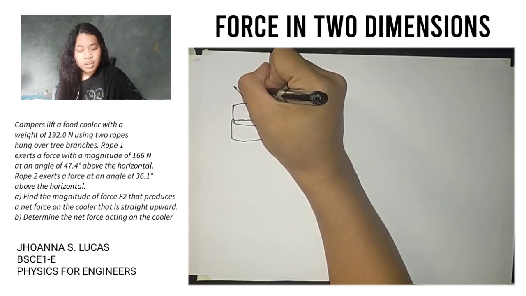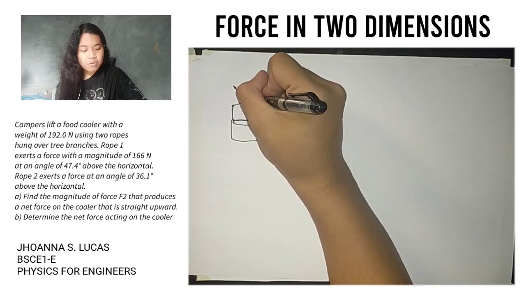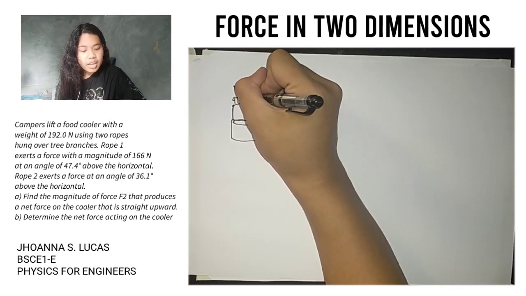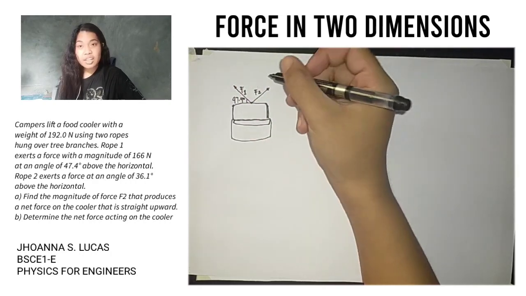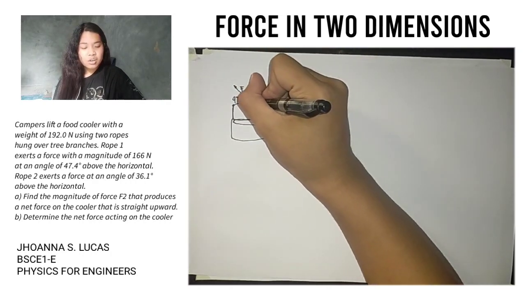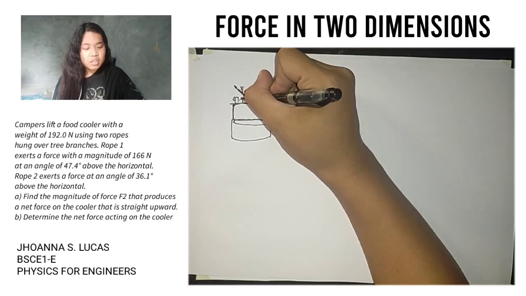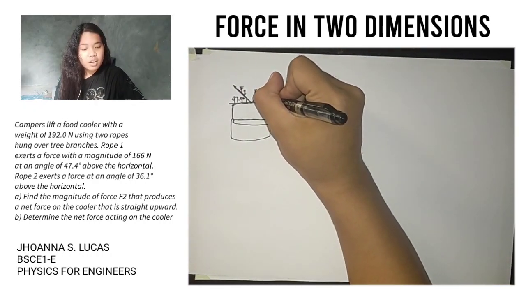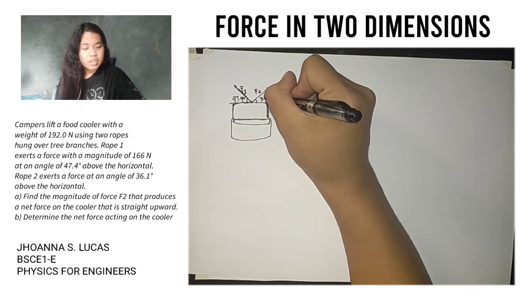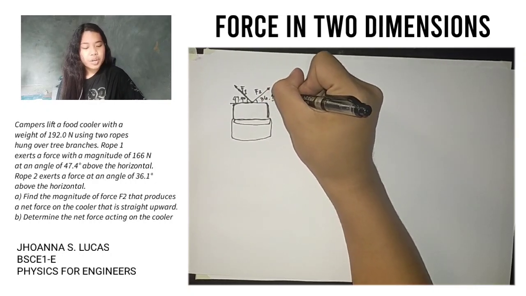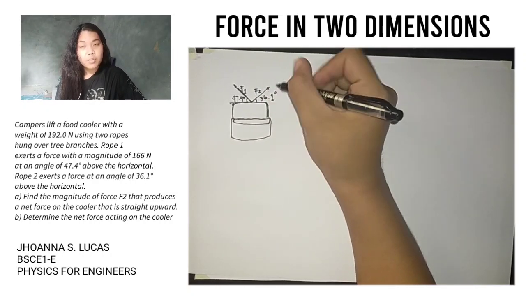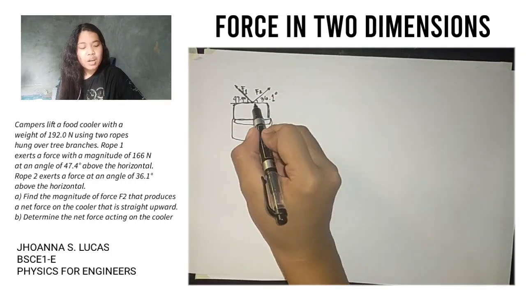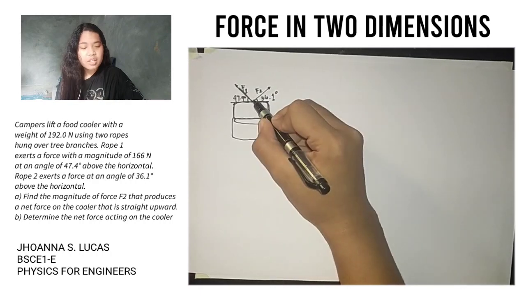In F sub 1, we have angle 47.4 degrees. So, this angle will be at the handle of the cooler and the rope. And the F sub 2 will be at 36.1 degrees, where like in the F sub 1, it is the angle from the cooler and from the rope.